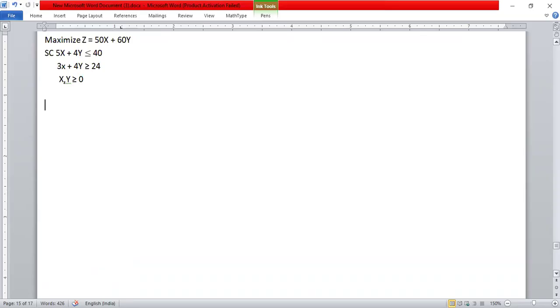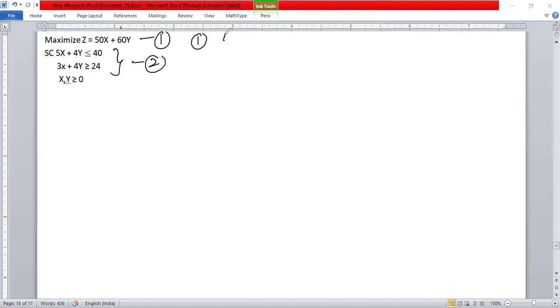Okay. Solve LPP by graphically. So maximize Z is equal to 50x plus 60y, subject to constraints 5x plus 4y lesser than or equal to 40, and 3x plus 4y greater than or equal to 24. Finally, x comma y greater than or equal to 0.